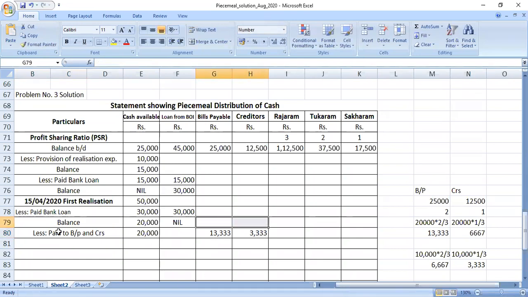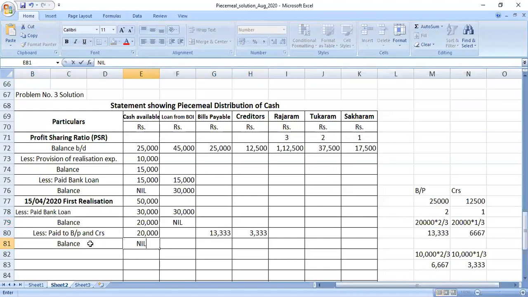I hope you understood what is going on, how we calculate the payment to bills payable and creditors by using the ratio. Then after that, we have to find out the balance.